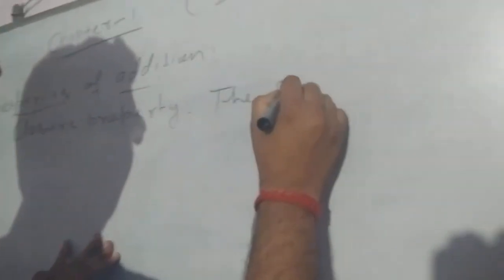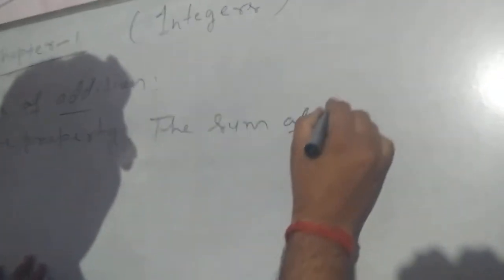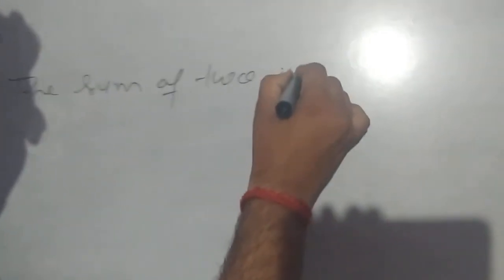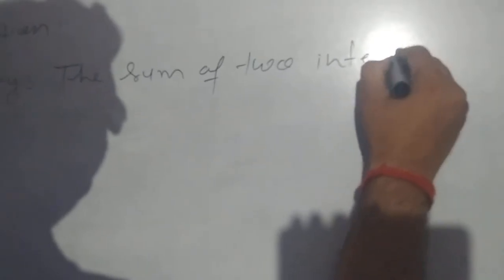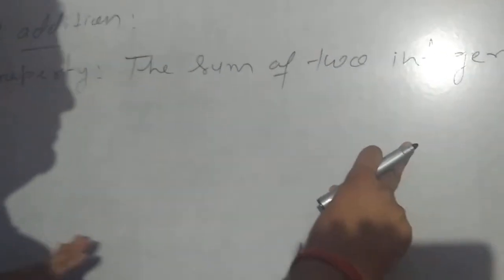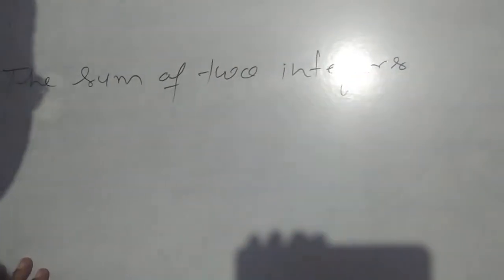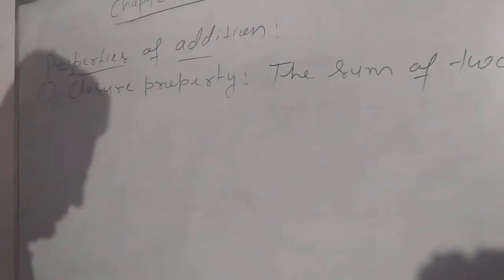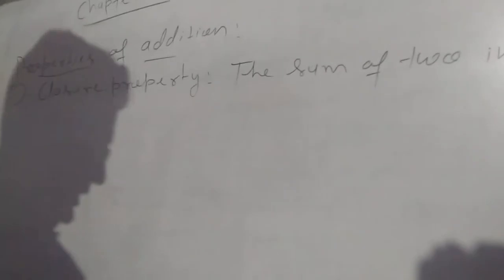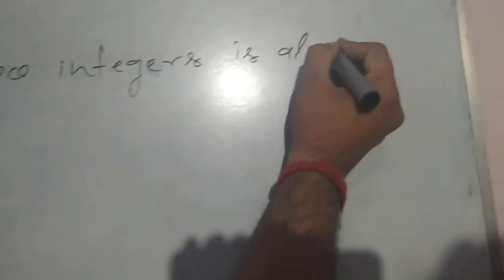So the sum of two integers is always an integer.